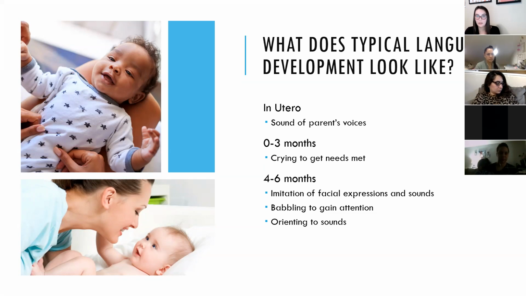You mothers who are out there, you probably noticed that your baby developed different cries depending on what their need was. Those are differentiations between crying in order to get specific needs met. So that's kind of like what early manding looks like.